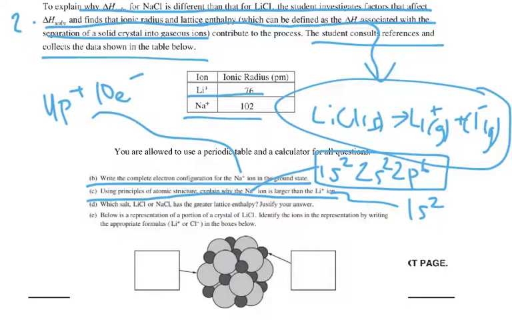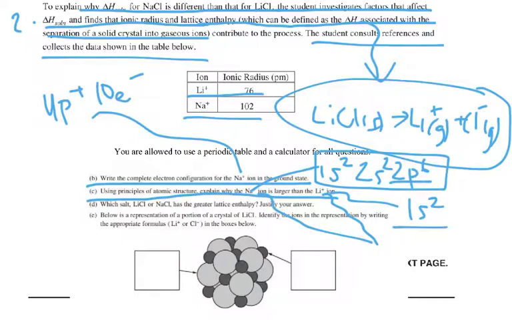Notice how the valence electrons in sodium plus are much further from the nucleus than those in lithium plus, because the valence electrons in sodium plus are in the 2 principal energy level, while lithium plus has its valence electrons in principal energy level 1. Because of that, sodium plus will have a much larger electron cloud than lithium plus and thus be larger.